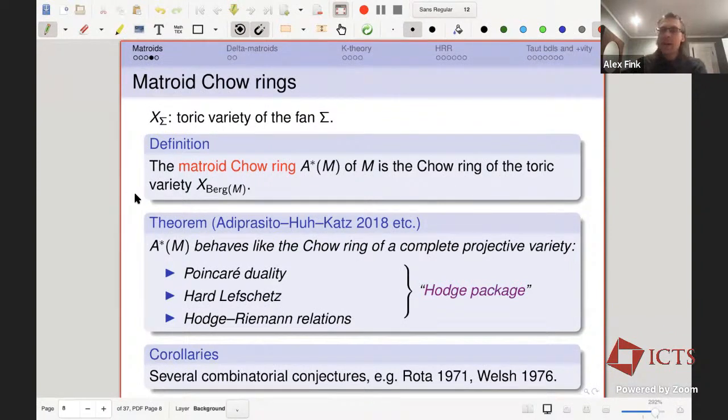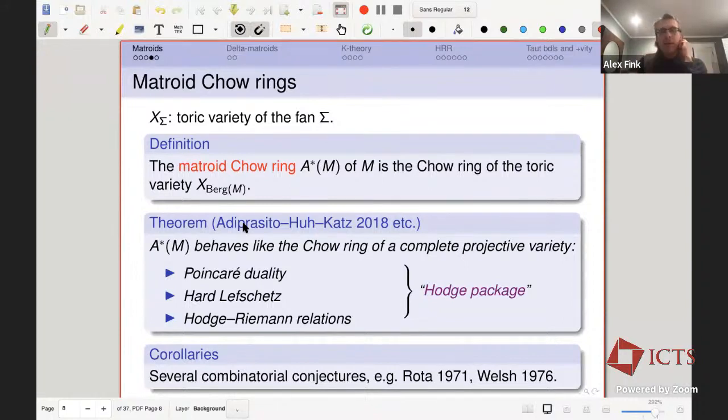If my matroid is representable, if my matroid comes from a linear space, then there's actually a projective variety which is Chow equivalent to this X Bergman of M. That is called the wonderful compactification of M. But if M is not representable, if there's no linear space, then there isn't actually a complete projective variety which has this Chow ring. Nonetheless, it has the properties which the Chow ring of a complete projective variety does.